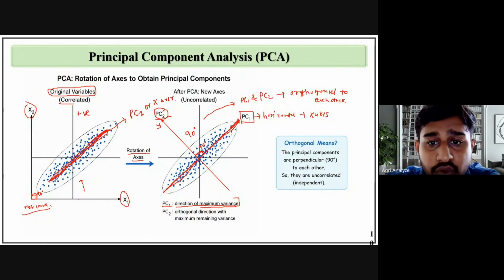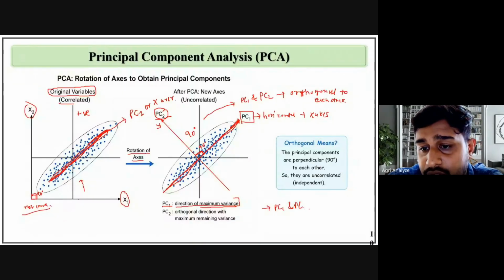So we have to rotate our data in such a way that PC1 and PC2 are orthogonal, or uncorrelated with each other. After performing PCA, we get PC1 and PC2. These are two new axes for our original data. Our original data is X1 and X2.